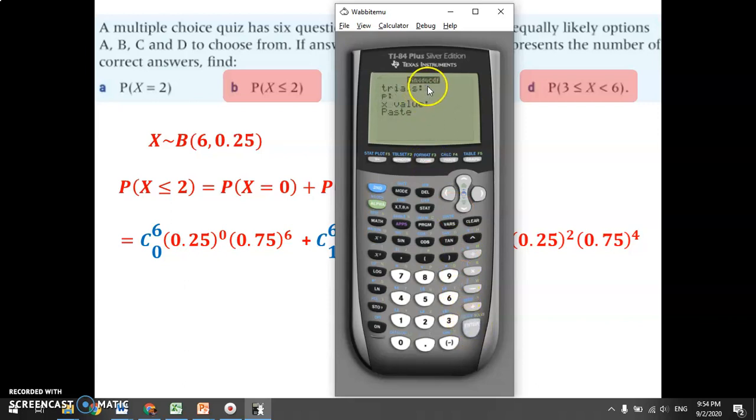So I'm running a Cdf now. There are 6 trials on this one. The probability of getting a question right is 0.25, and we're looking for an x value of 2. So again, in Cdf, that 2 means it's going to calculate the probability of 2, 1, and 0, that number and everything below. And that's what we want. So paste, enter, enter again, and we have this answer, 0.83.